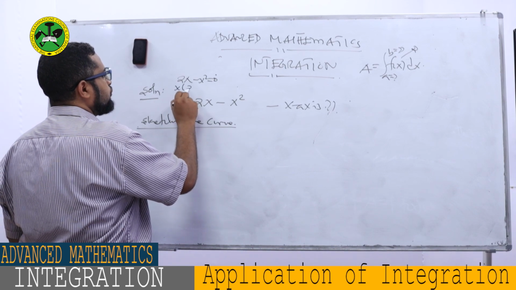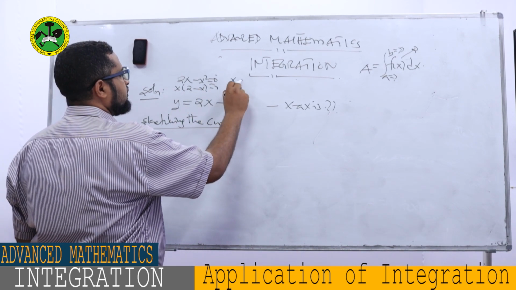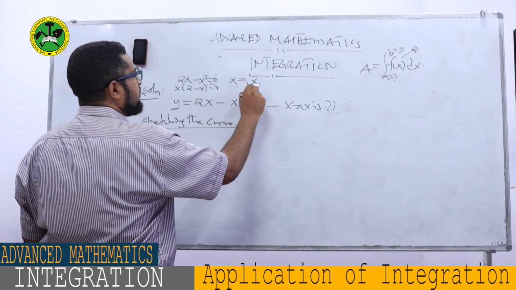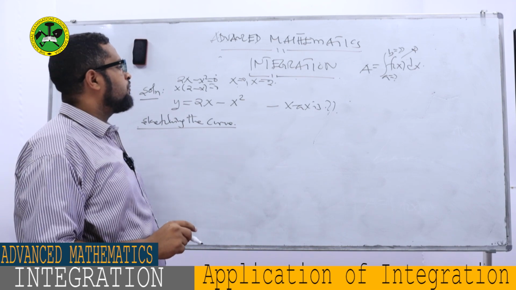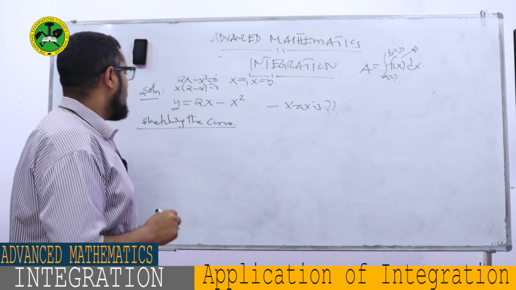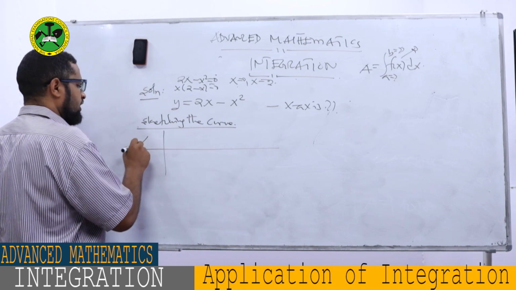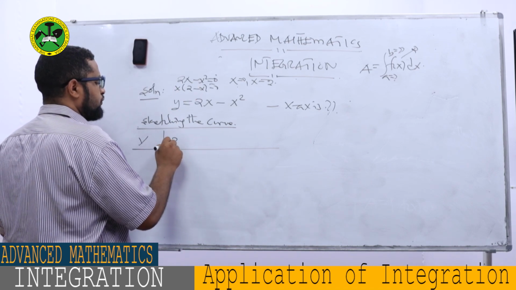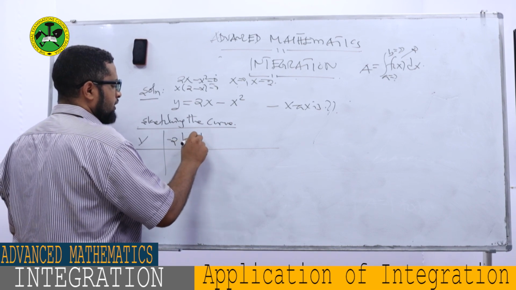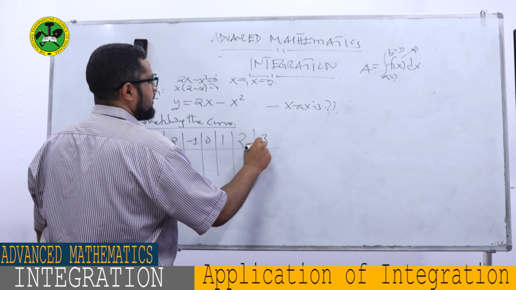Taking x out, x times 2 minus x equal to 0. So here is x equal to 0 and x equal to 2. Okay, so these are the values that are supposed to be included in our table. So for x, remember to include the negative numbers. So we start with negative 2, negative 1, 0, 1, 2, and let's say 3.